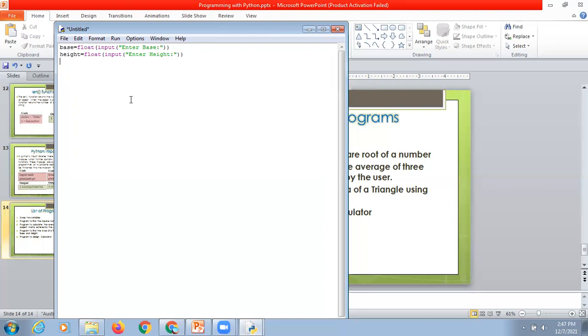Now the formula is area equals half, it means I can write 0.5, half base into height.